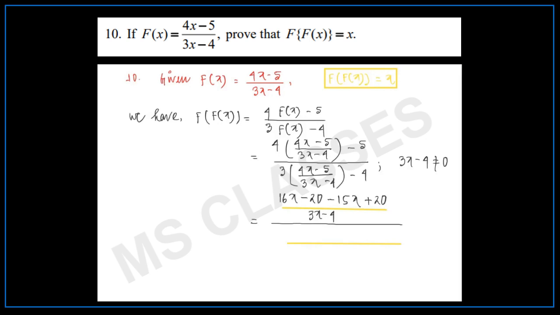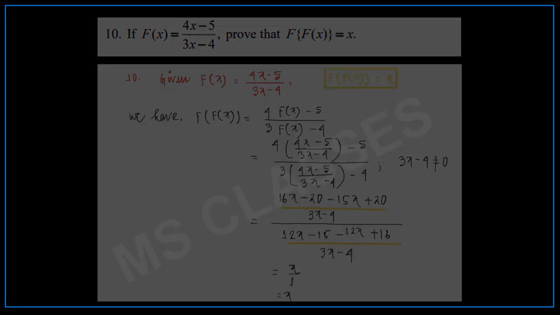In the denominator, what we have? 12x minus 15... Now we can see this one and this one is getting cancelled out. In the numerator, we are left with x. In the denominator, we are left with 1. So ultimately, this gives us x.